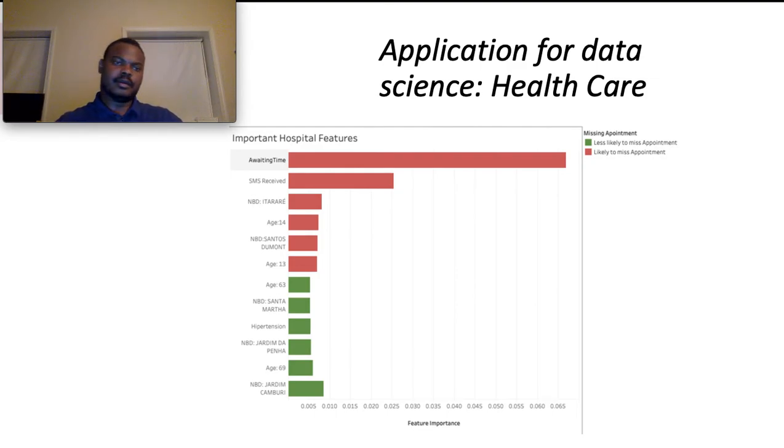People within a certain age were less likely to show. Like people within the age of 13 and 14 were less likely to show for their appointments versus people within the age of like 63 and 69. So people that were older showed up more for their appointments.